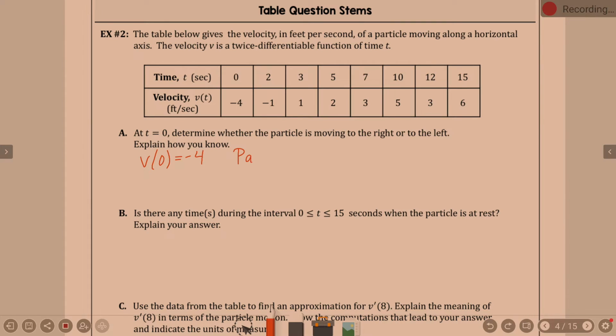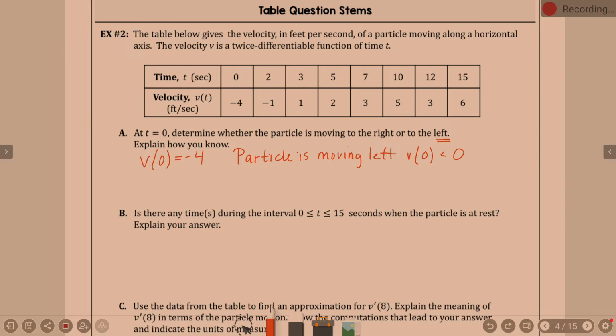So the particle is moving left. And my reasoning is because velocity at 0 is less than 0, aka negative. And in my notes, I have at a rate of 4 feet per second. It didn't really ask that, though. We just needed to know right or left.